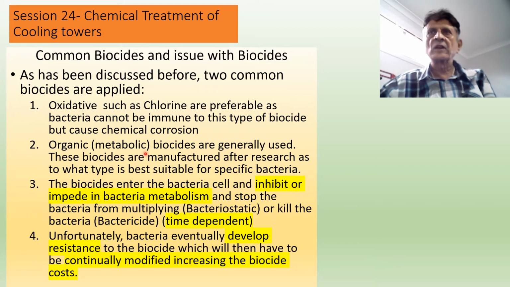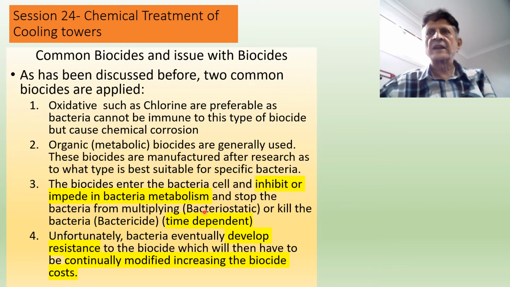Organic or metabolic biocides are generally used. These biocides are manufactured after research as to what type is best suited for specific bacteria. The biocides enter the bacteria cell and inhibit or impede bacterial metabolism and stop the bacteria from multiplying.